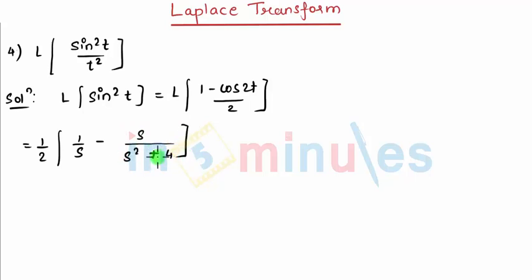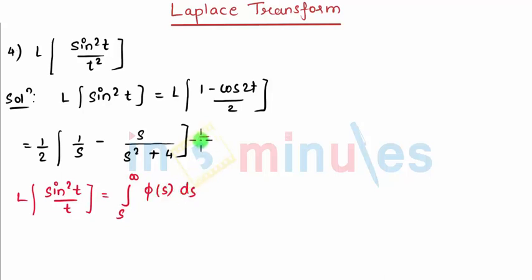Now let's apply the effect of t square. Before that, I'll just apply the effect of a single t, and then further apply one more t, which comes here as integral s to infinity phi of s ds. So this is my phi of s.